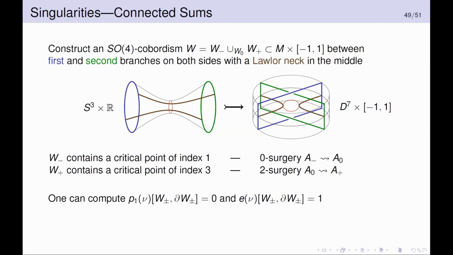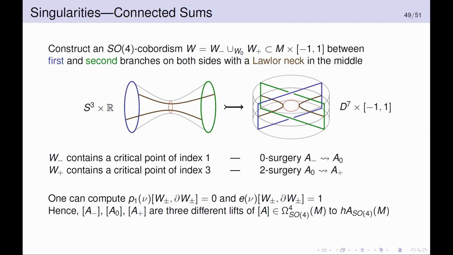So let's just assume that outside of this, everything is trivial, and then we can compute relative characteristic classes for the normal one of the cobordism, and we see the relative Pontryagin class is 0, the relative Euler class is 1, both for the lower half and for the upper half, so the sum of the two would be 2.